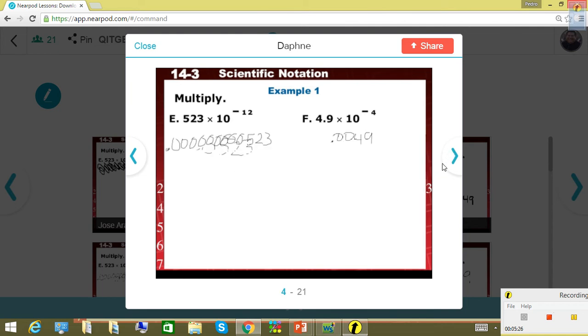Yep. How about this one? What do you think the mistake was on this one? They counted the 4, of course, but what else? They counted the 9 and the 4. Do you guys see that? That could have been a mistake. So make sure you start from the decimal and start counting. Okay?